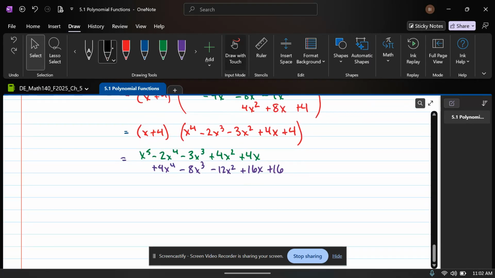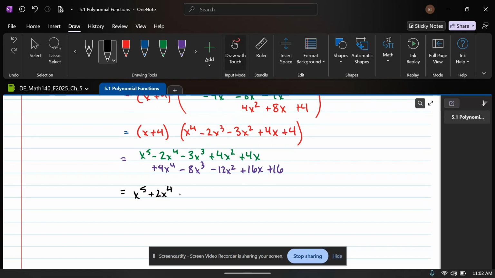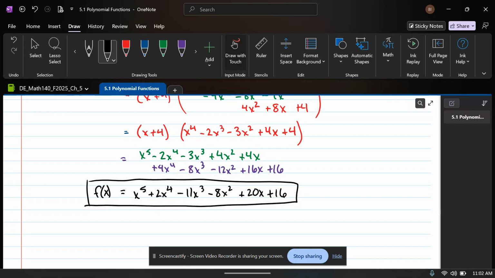So I got x to the fifth plus 2x to the fourth minus 11x cubed minus 8x squared plus 20x plus 16. There's my standard form polynomial. So I had 32, 33, 34, 35, 36. 36 operations there to get that done.